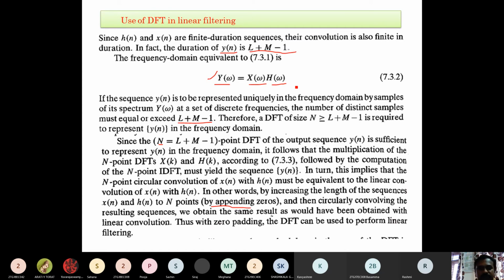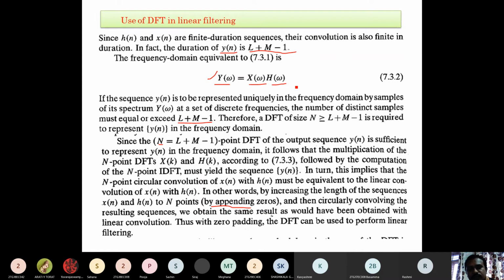What will be the overall output size if L is 1000 and M is 2000? L plus M minus 1, that is 1000 plus 2000 minus 1, so 2999 outputs will come.